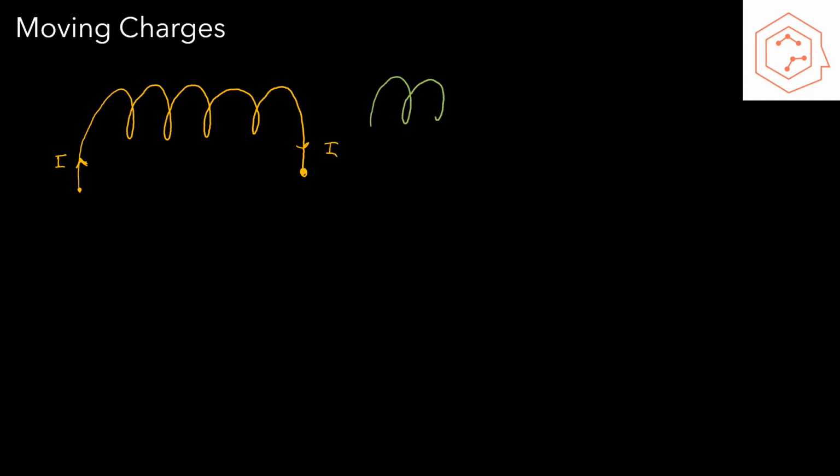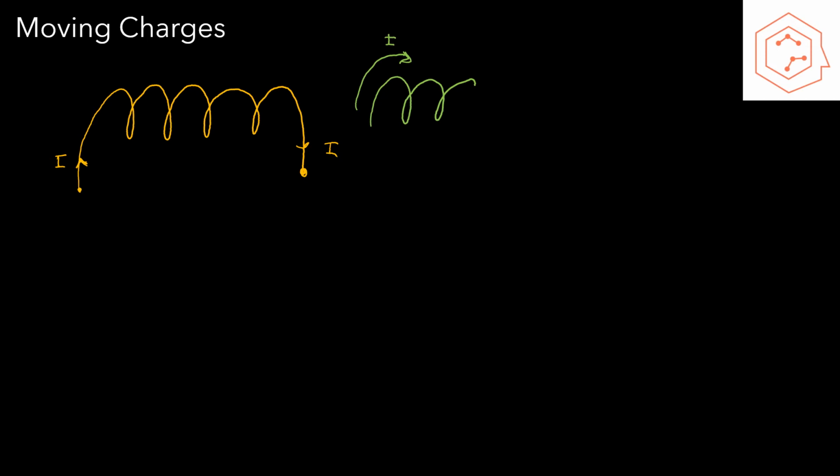So imagine we have a wire that's curled in a spiral, like so, and we run a current through this wire. So our current is also going to go in a spiral, like so. So it's going sort of into the page.